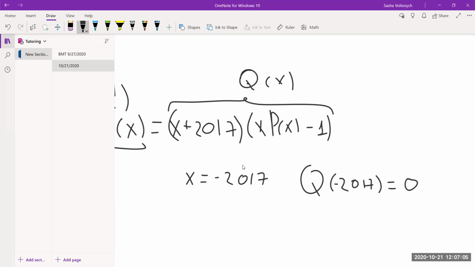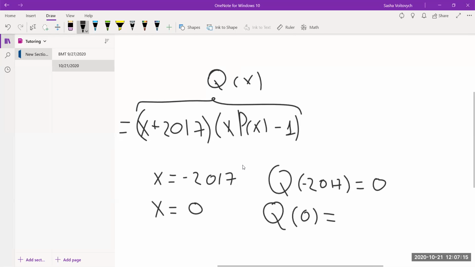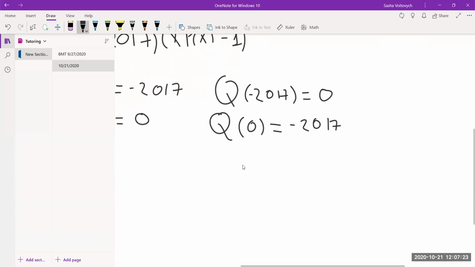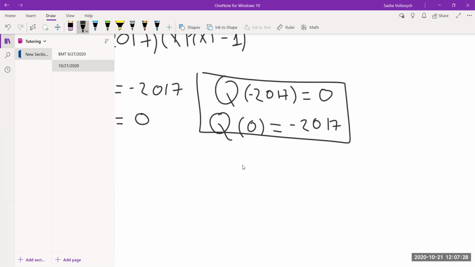So q of 0 is equal to minus 2017. Okay, so here's something interesting already. These two altogether mean that q maps 0 to minus 2017, and q maps 0 to minus 2017. So we can write the following: that q of 0 is equal to 0.